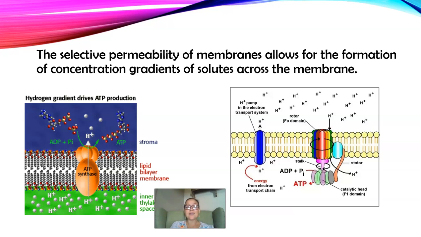We also see concentration gradients of solutes in our nervous system with the sodium and potassium in their relative regions in a resting neuron. So anyway, concentration gradients can form across a membrane because those ions cannot diffuse through that lipid bilayer.